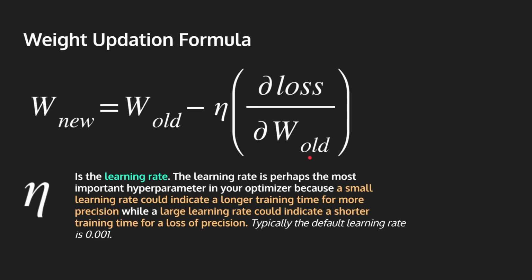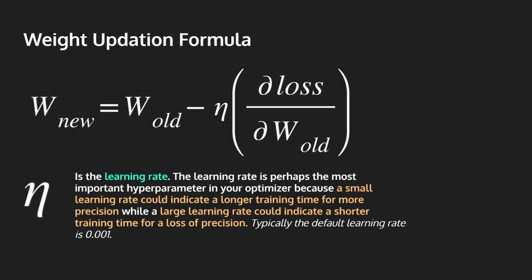A large learning rate could indicate a shorter training time at the cost of precision, and there's typically a trade-off. By default, it's mostly 0.001. Sometimes you might try 0.01. It's just a lot of experimenting.